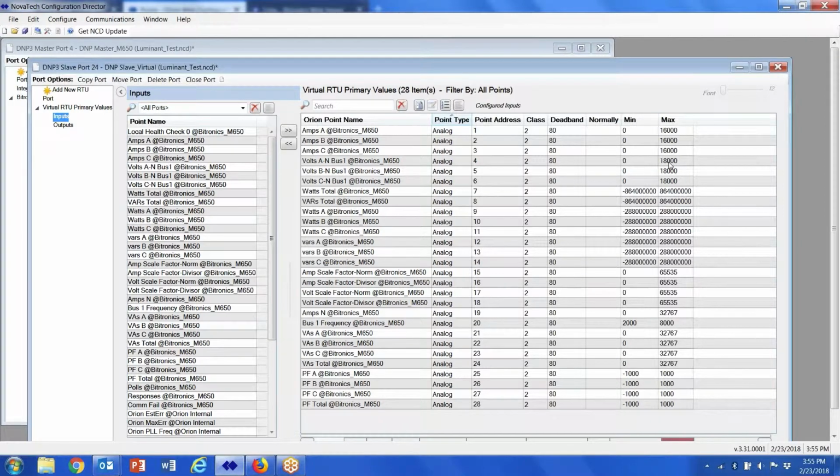And then my PT is 120 to 1 times a full scale of 150 volts, which gives me 18,000. And then my watts total is my 4,500 times the CT ratio times the PT ratio, and the per phase watts would be 1,500 watts per element times the CT ratio times the PT ratio.